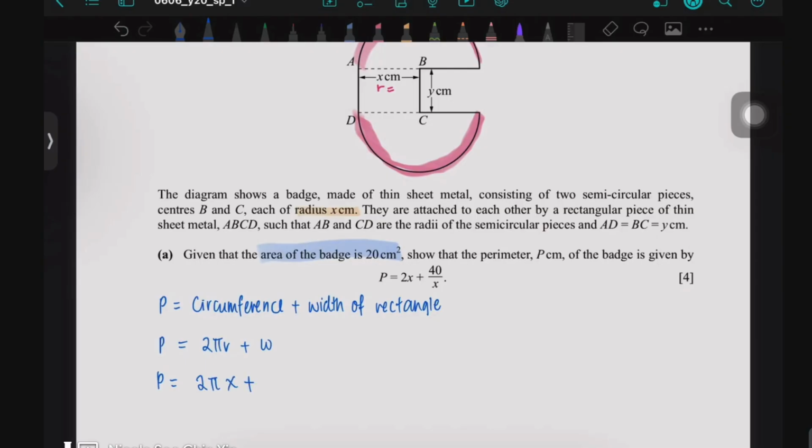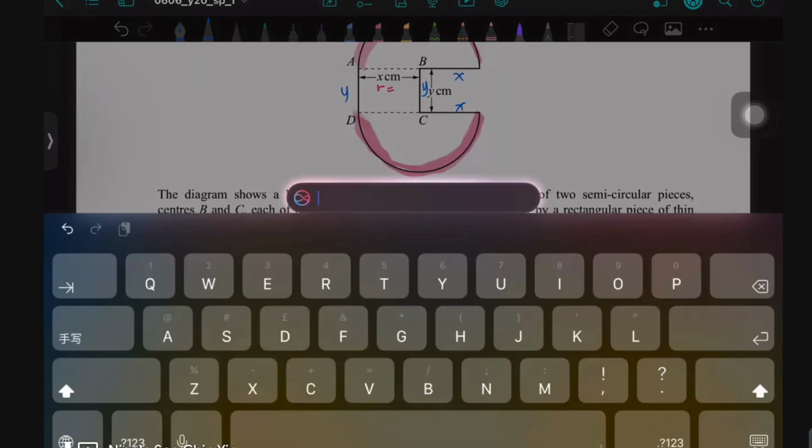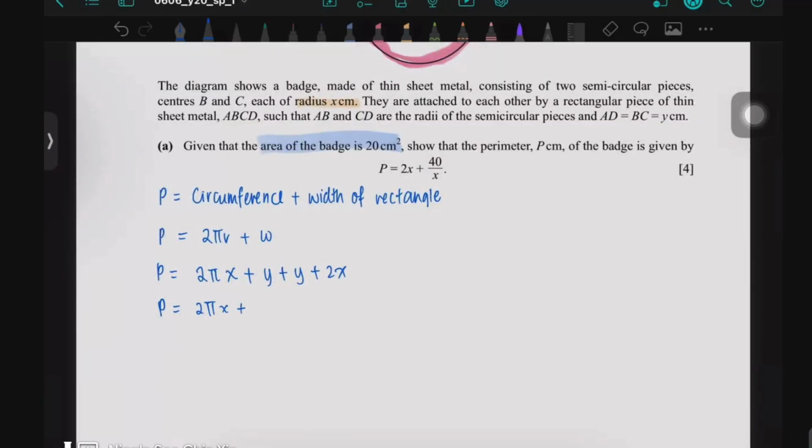So perimeter, you will have 2 pi, your r is actually your x. What about your width? Width will be y, but don't forget you have y here, and you will have the radius here, x and x. All these need to add together. So y plus 2x. Basically your perimeter is 2 pi x plus 2y plus 2x.